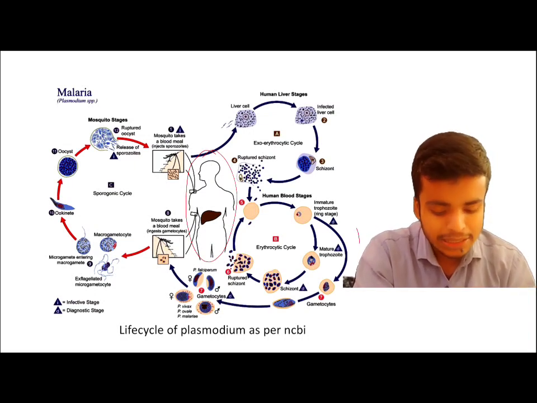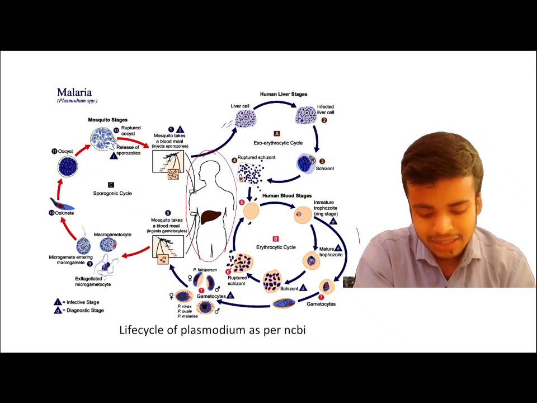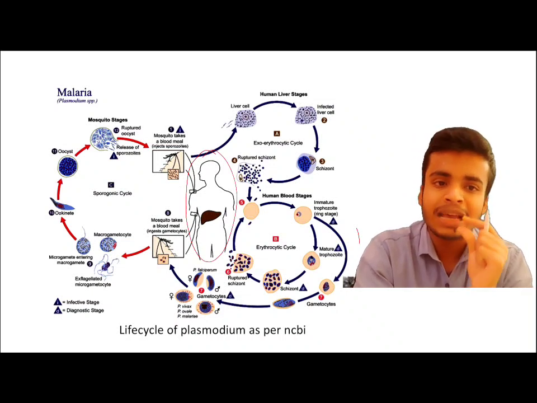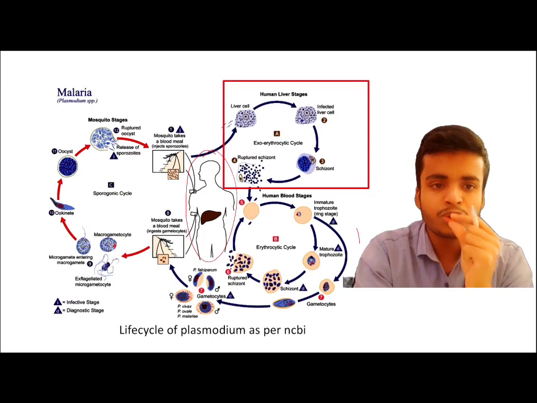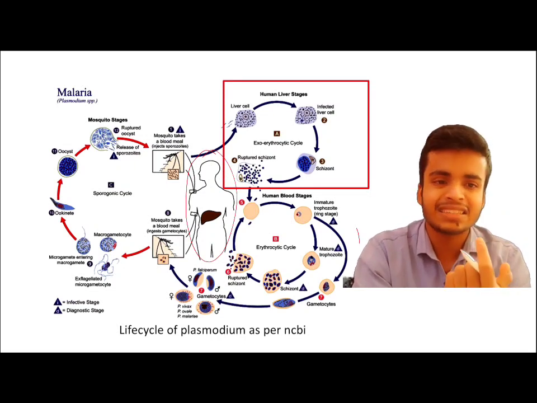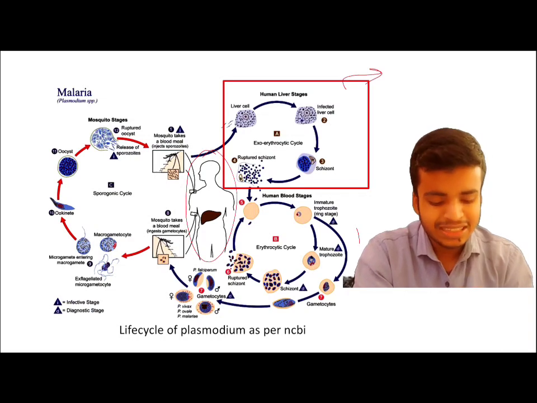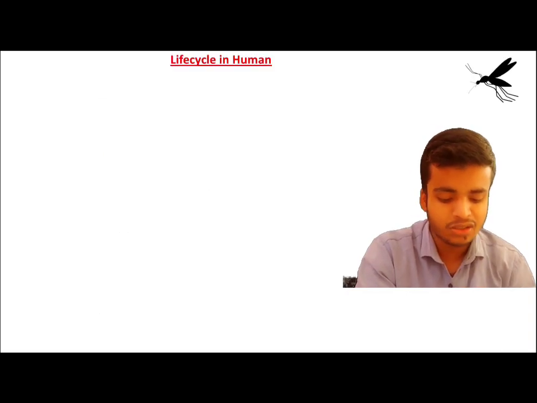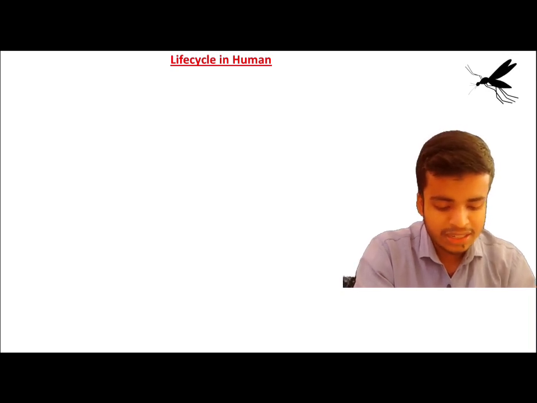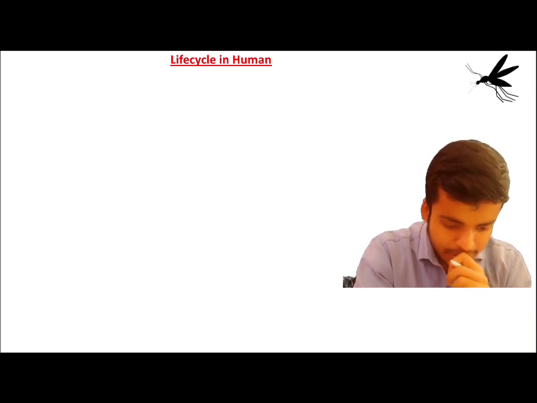We will see it later. Then in the RBC, the erythrocytic cycle, and then in the mosquito. We will be seeing the life cycle of Plasmodium in the mosquito in our next lecture. Now in the subsequent slides, we will be seeing this stage in the liver. So let's start our liver cycle.